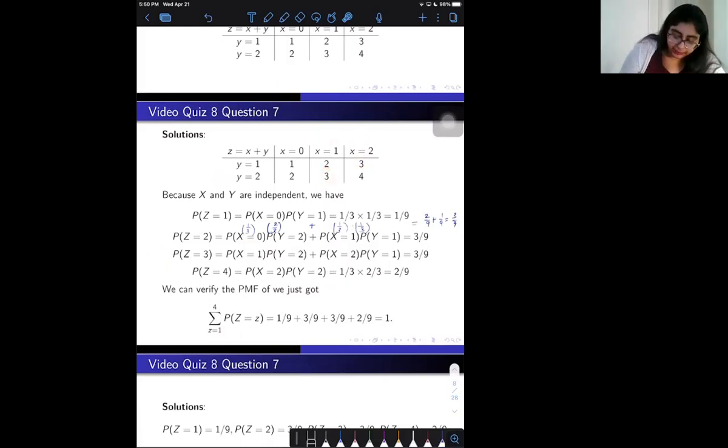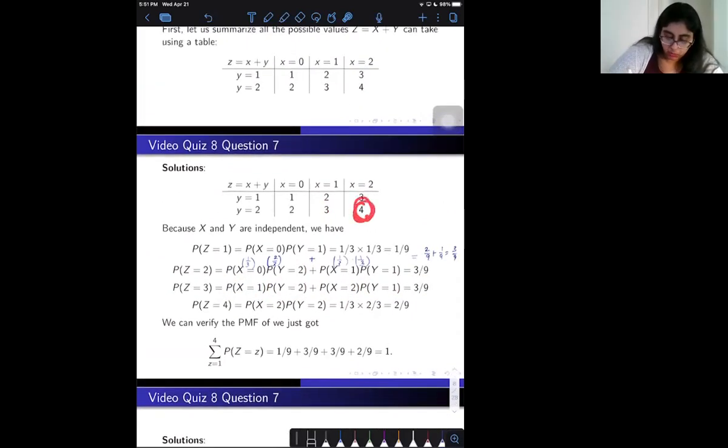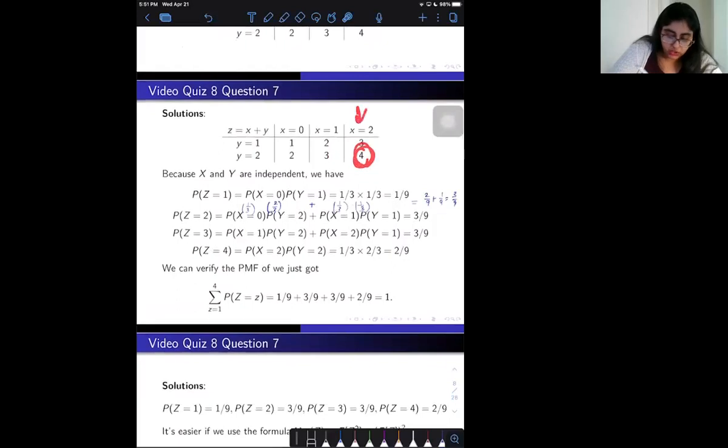So we'll take these: probability of X equals 1 times probability of Y equals 2 plus probability of X equals 2 times probability of Y equals 1, and we again get this thing. Okay? And then for 4, there's only one possibility, when X is 2 and Y is 2. So we'll just multiply those 2 probabilities and we get 2/9. So we have 1/9, 3/9, 3/9, 2/9. Okay?